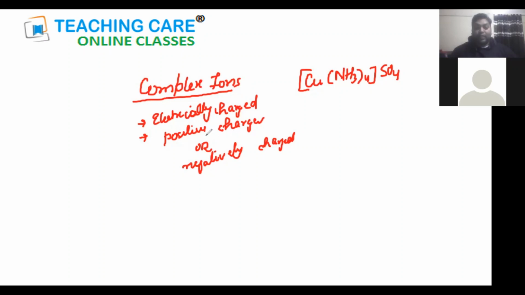So what is a complex ion? In a coordination compound there is a complex ion, and complex ions are electrically charged, either positively or negatively.